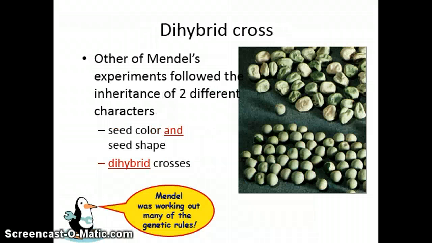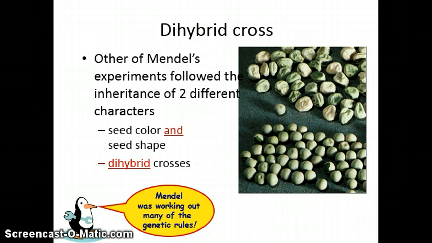On the other hand, in a dihybrid cross we are looking at two character traits, for example seed color and seed shape. It was only by doing this that Mendel was able to identify the second law of inheritance, because he needed to see how two different characters assorted themselves throughout meiosis in the formation of gametes.